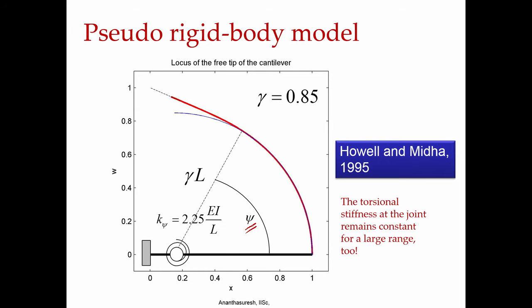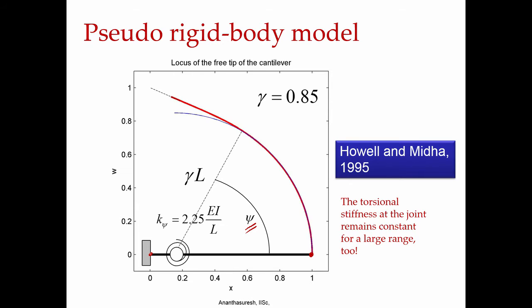If you use it, you can forget about the cantilever beam, meaning that the effect of the cantilever beam is captured at the free tip. One end is anyway fixed. If the beam is part of a compliant mechanism, with one end fixed and the other end free, meaning that there is no movement, then we have this nice pseudo rigid body model, between two bodies that are connected to the beam in question.